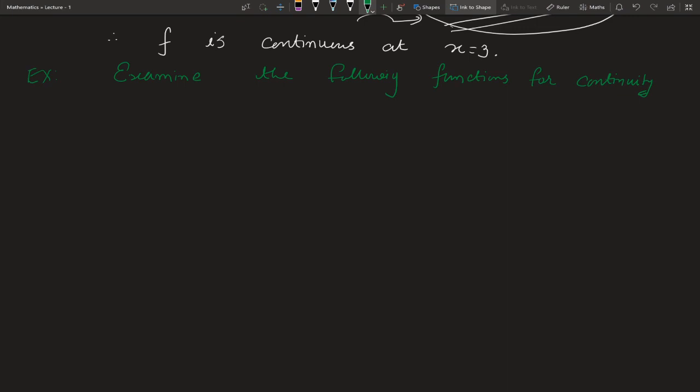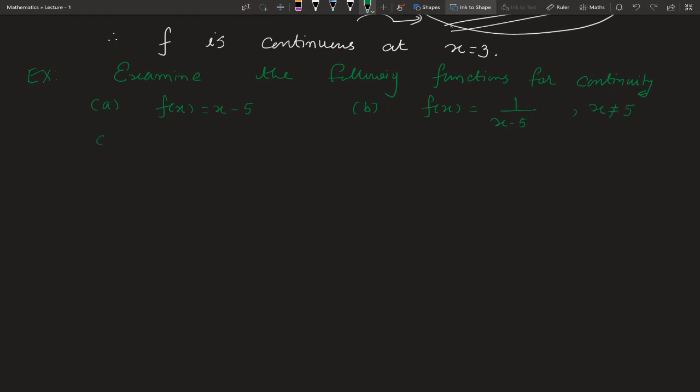There are in total 3 sums. Sum A, f of x equal to x minus 5. Sum B, f of x equal to 1 upon x minus 5, x not equal to 5.